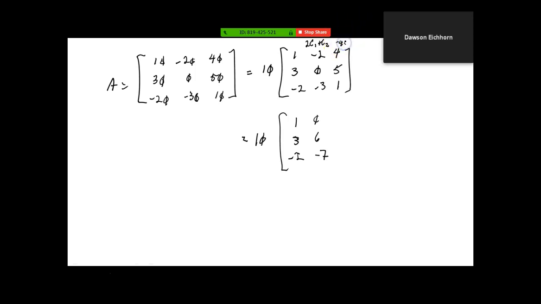Negative 4 times column 1, add it to column 3. Okay. Let's do that. What do you get? 0. That's what we wanted.